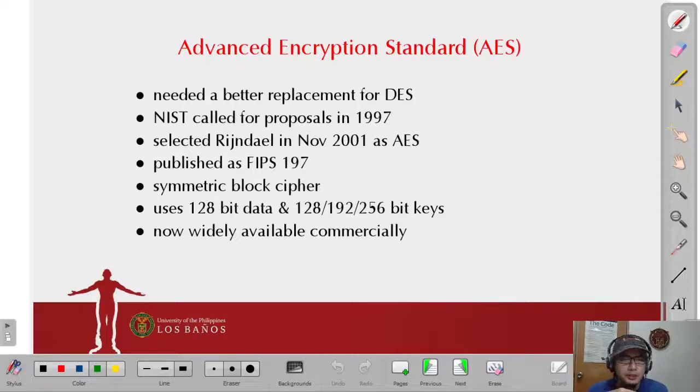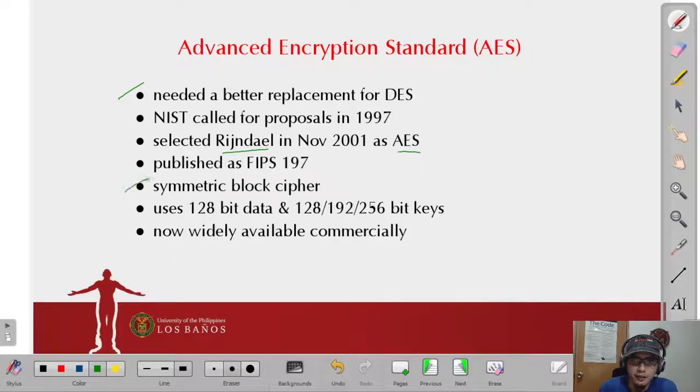Advanced Encryption Standard. AES is the modern one we use today. It is a better replacement for DES. In 2001, Rijndael was selected as the algorithm for AES.